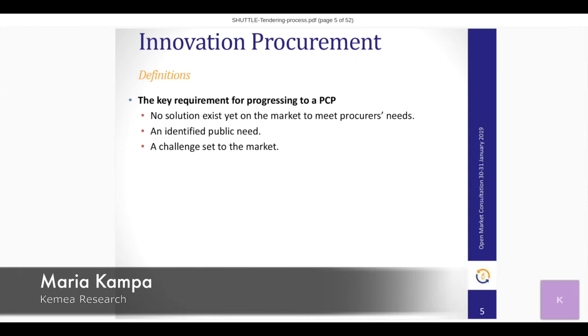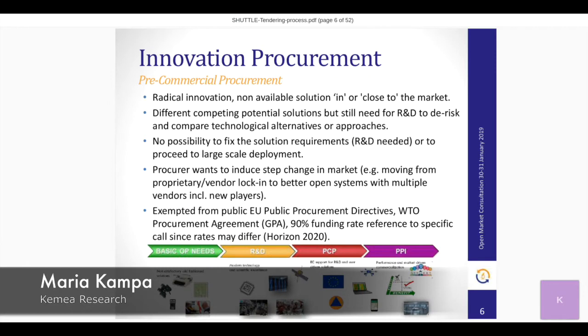The key requirement for progressing into a PCP is that no solution already exists in the market to meet the procurer's needs. There is an identified public need, and a challenge is set to the market. The main features of pre-commercial procurement: the first one is that it concerns a radical innovation. There is no available solution in or close to the market.